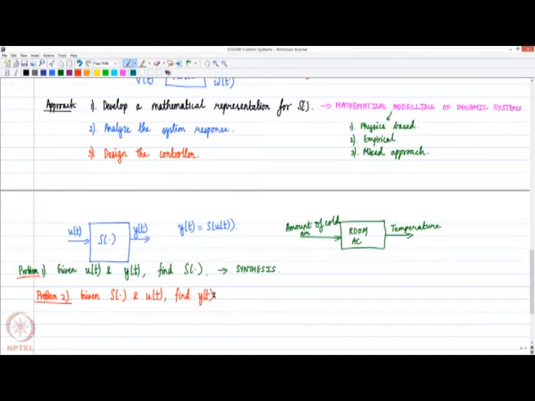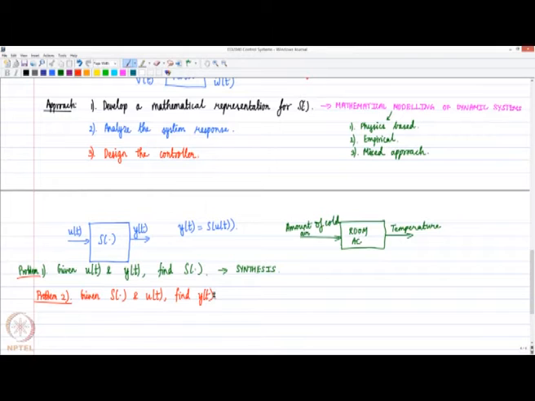Suppose I have got a mathematical model for the temperature of air in this room, equipped with an air conditioner. Tomorrow, I want to change the air conditioner, and let us say I have 5 choices. I know the capacity of all 5 ACs for blowing cold air into the room. Without even purchasing them, I can use the model I have developed to figure out how the temperature would vary and settle down to a desired value.